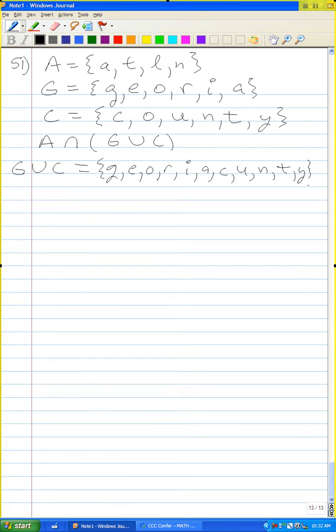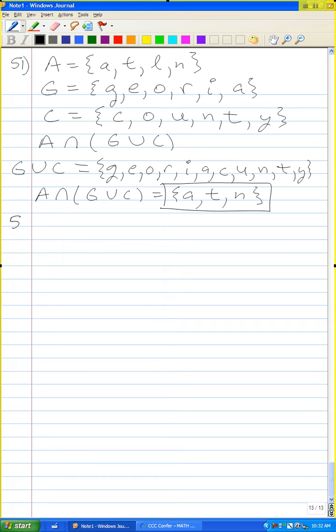So let's find the intersection between these sets. So let's see. There's an A, T, no L, but there is an N. So A, T, N.